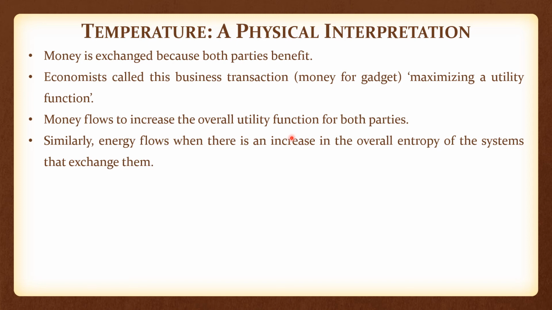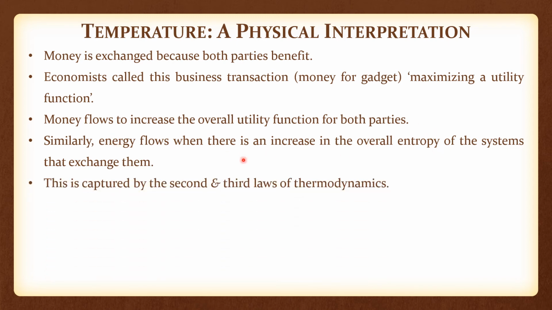That is your third law of thermodynamics, right? So dS is equal to 0 for a reversible process reaching an equilibrium. When you have an irreversible process, then dS is greater than 0. So the increase in the overall entropy happens when energy flows. This is captured by the second and third laws of thermodynamics.